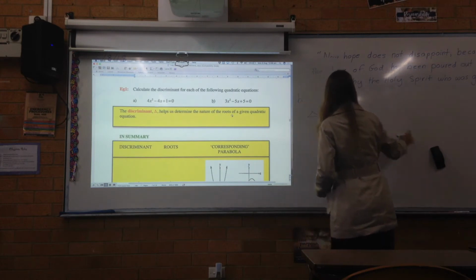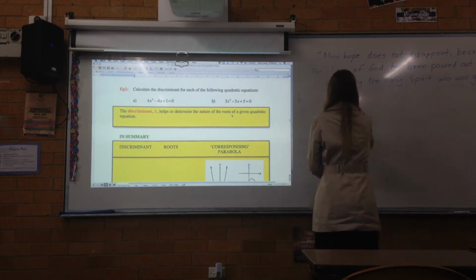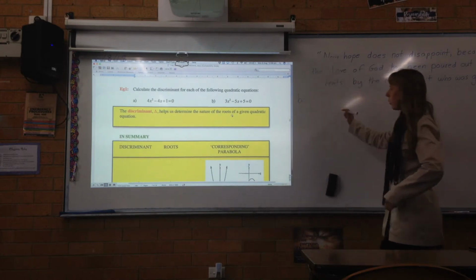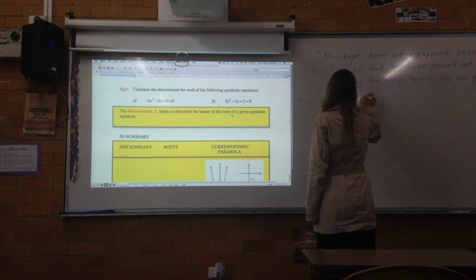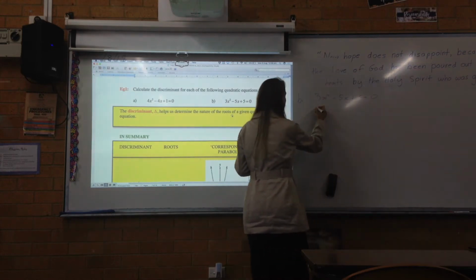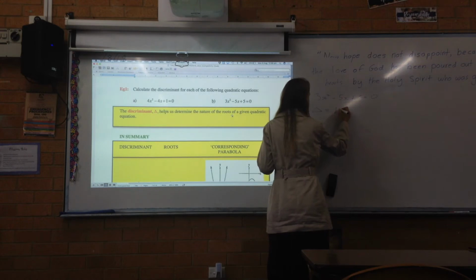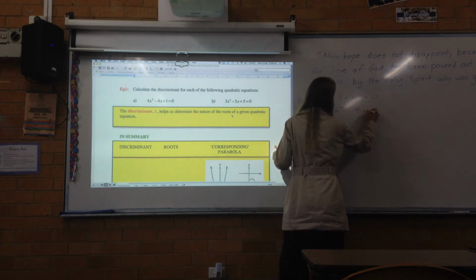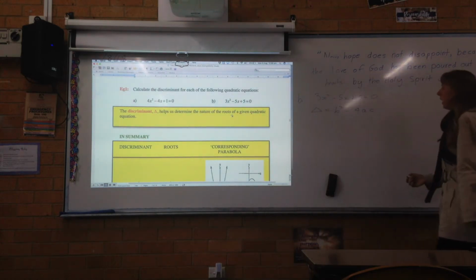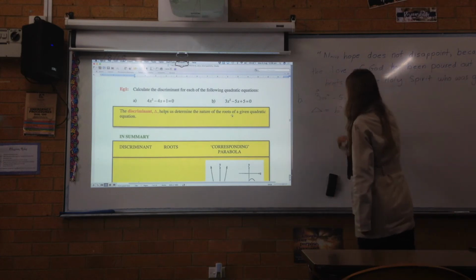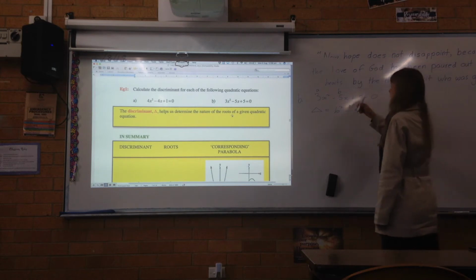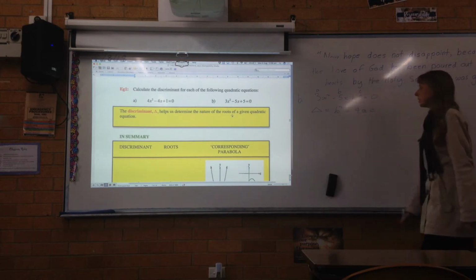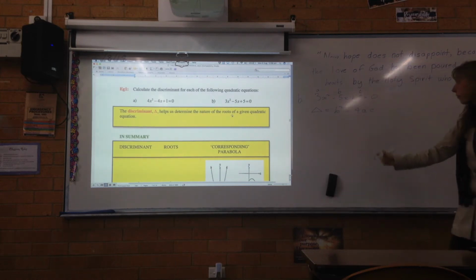Let's do B. This time our equation is 3x squared minus 5x plus 5 equals 0. Our discriminant is, of course, b squared minus 4ac. Well, a this time is 3, b is negative 5, and c is 5. Let's plug them into the formula.